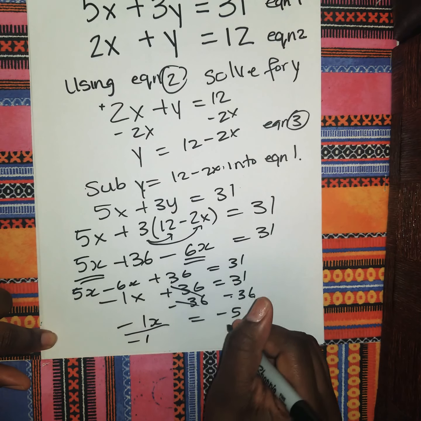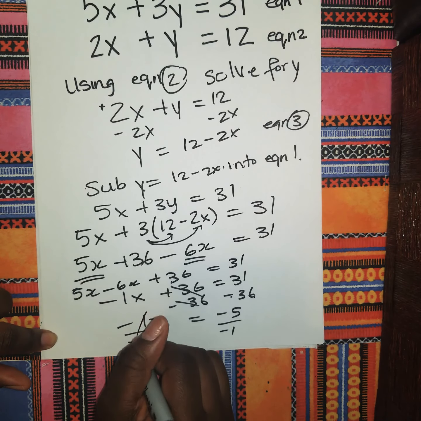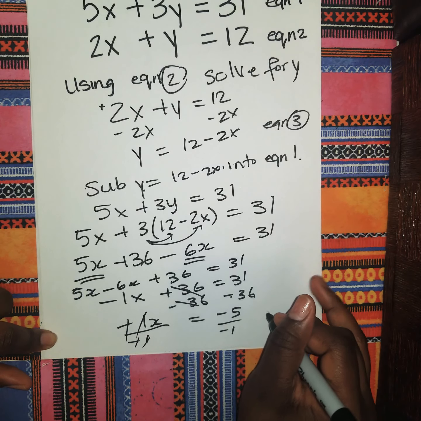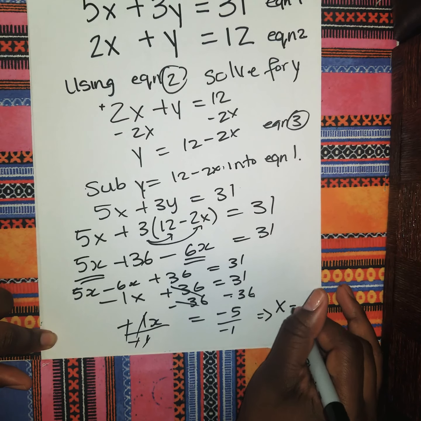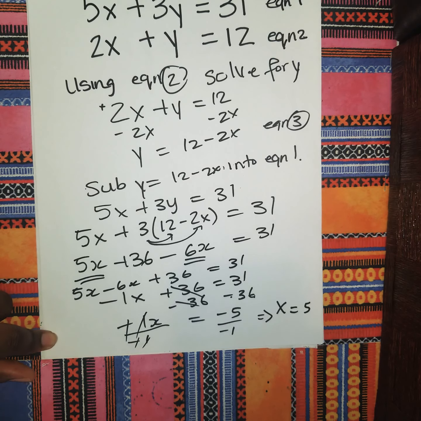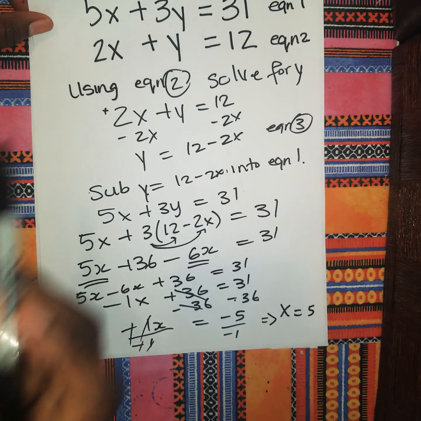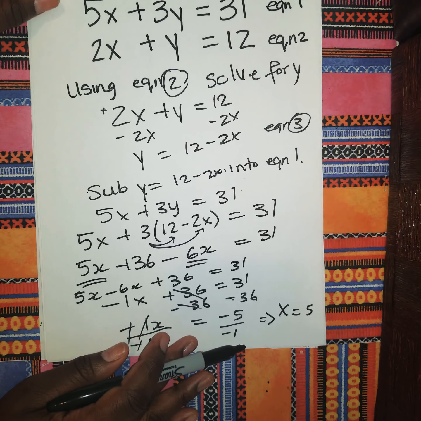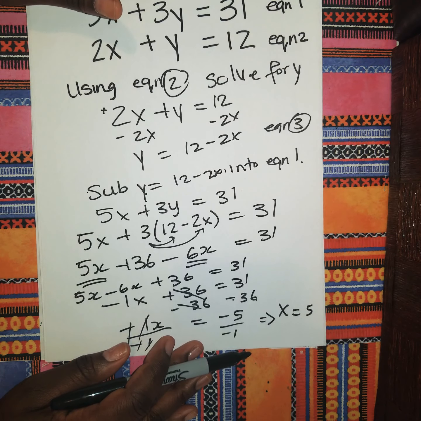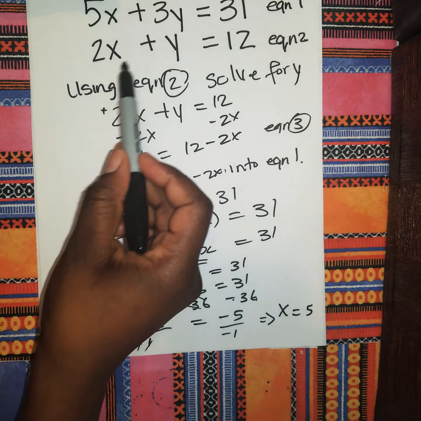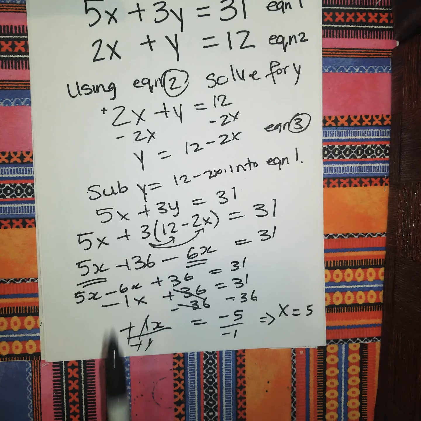I'm going to divide by negative 1. So that cancels, and x is equal to 5. Remember in the equation, we are given two variables, x and y. So we have x. We need to go ahead now and find the value of y.